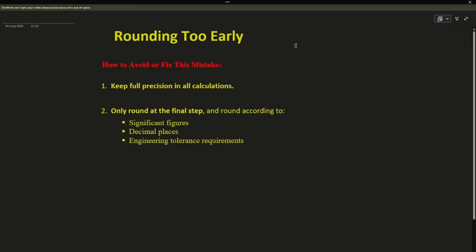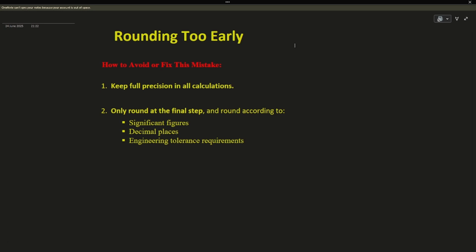So, how do we go about avoiding or fixing this mistake of rounding too early? One way is to keep full precision in all calculations. That is, you use all the decimal digits that your calculator gives you until the very end.